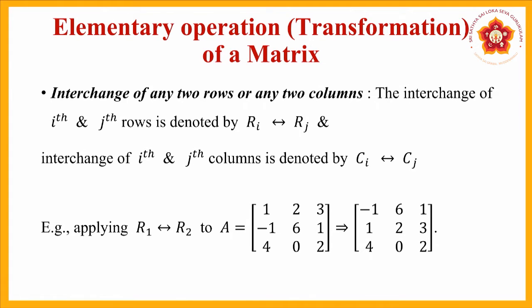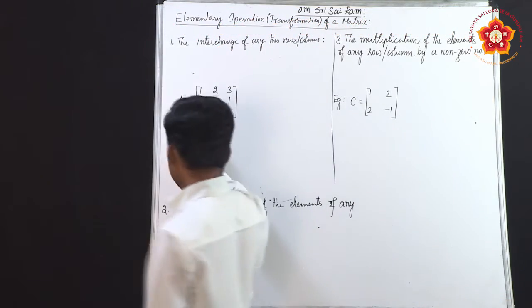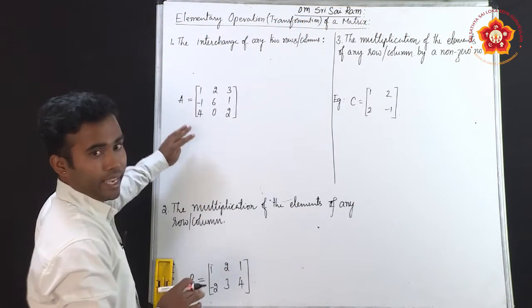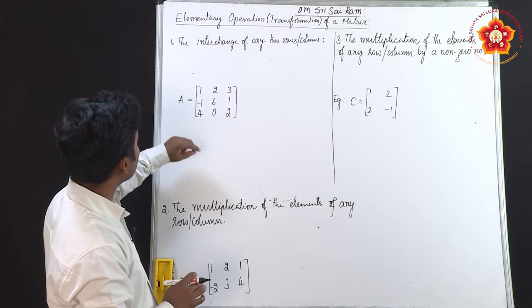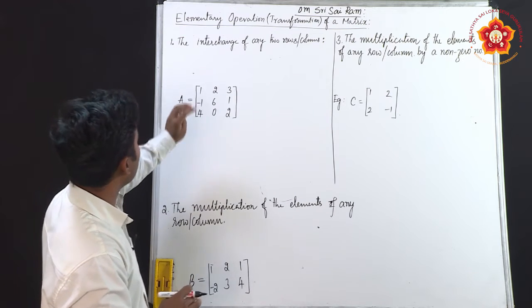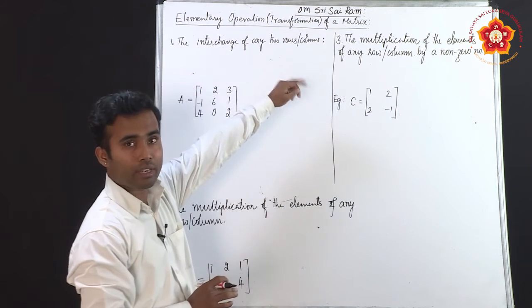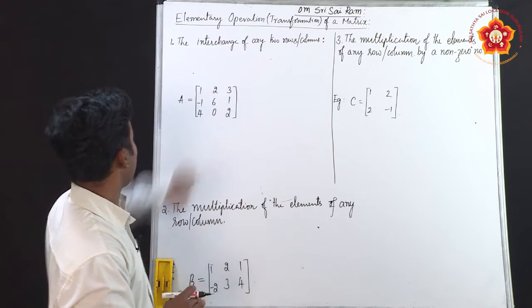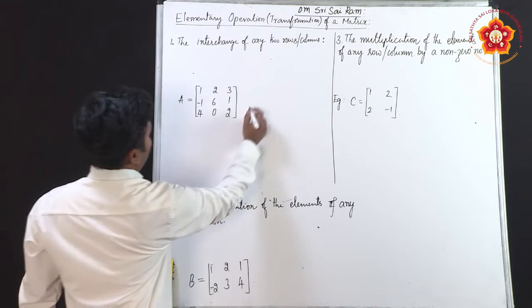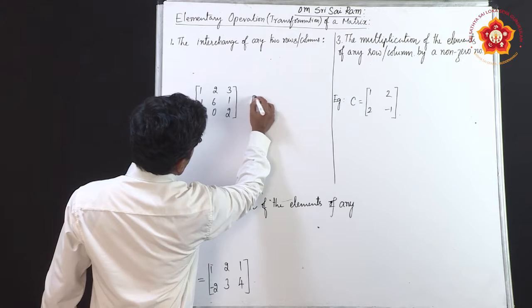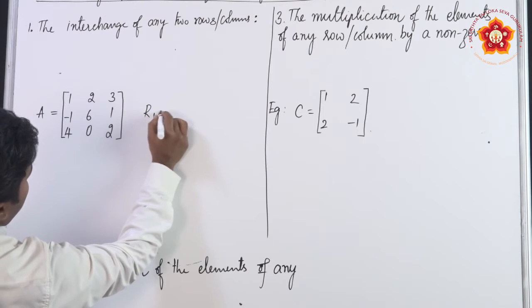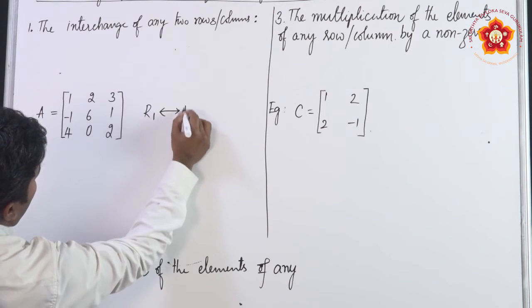For example, if you take a matrix A, now I am going to apply the operation. The operation here is the interchange of two rows or two columns of a matrix. Say, for example, I am interchanging R1 with R2.